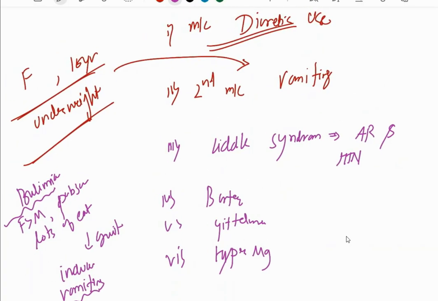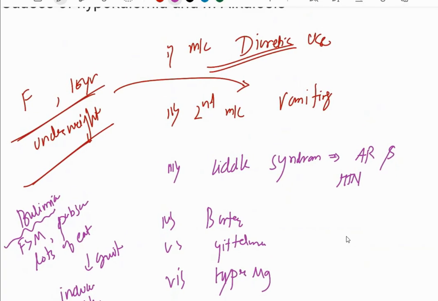And we know vomiting is the second most common cause of hypokalemia and metabolic alkalosis. So the likely answer can be vomiting.